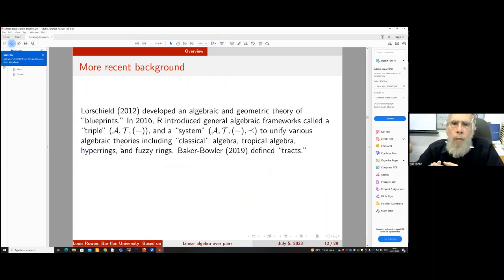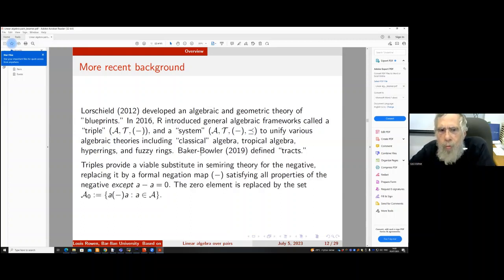And now some general background. Rowen's school developed a system of blueprints to provide an algebraic setting for tropical algebra, and we introduced triples and systems, which somewhat generalize that.